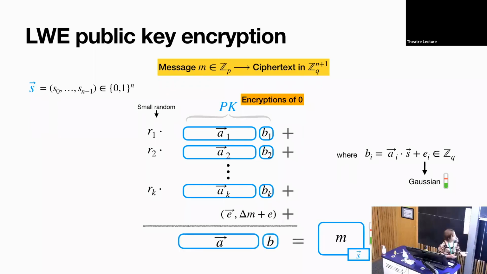The result, if you solve the math, or again, you trust me, is going to be an LWE encryption of the message M. And to encrypt M, you didn't need to know the secret key, just those encryptions of 0. Yes. The length of the public key is fixed, it just depends on lambda, right?